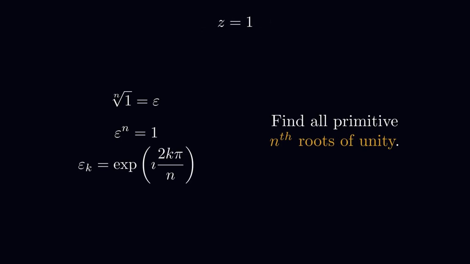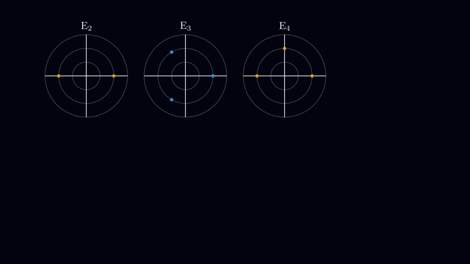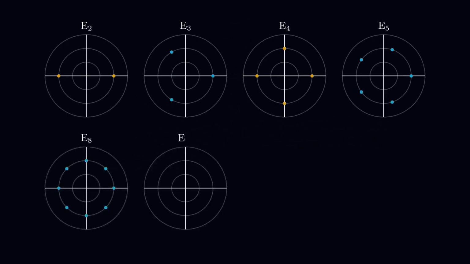Our formulas are much more clear now. Entire set of the nth roots of unity is denoted as En.